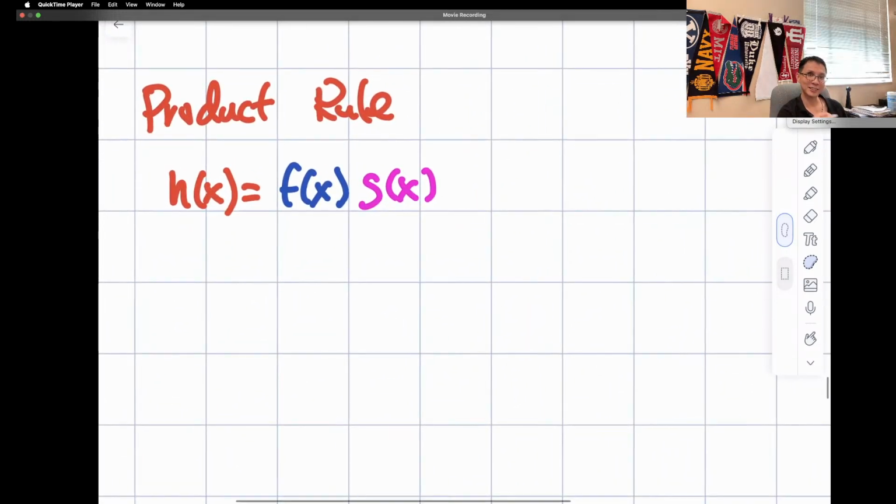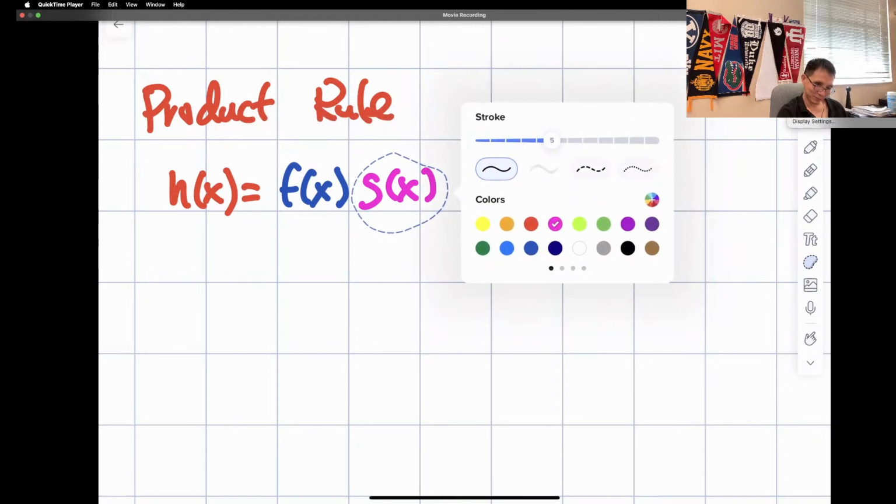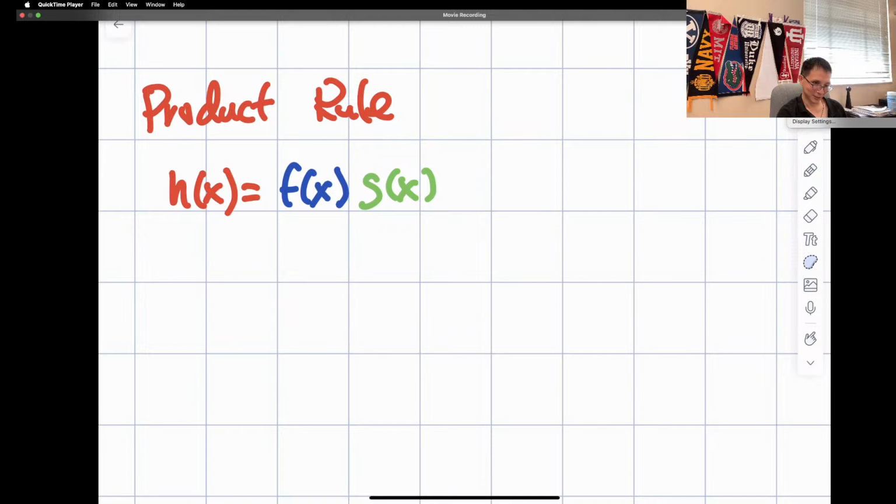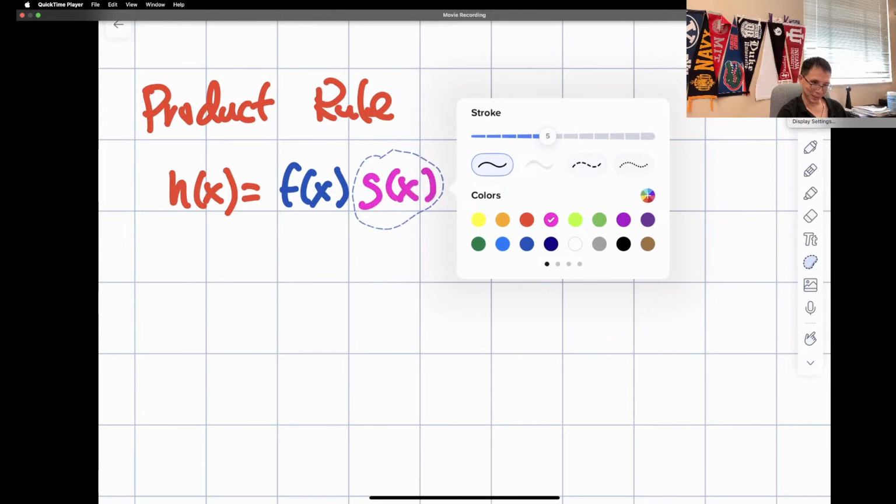How are they different? They are the same. Oh, let me pick. Pink is this.